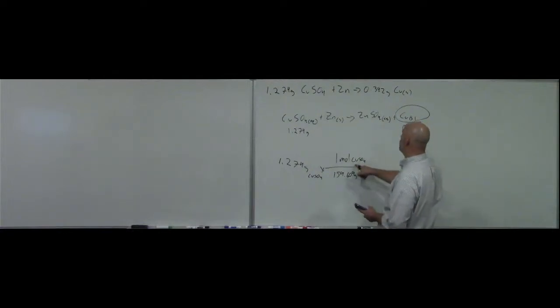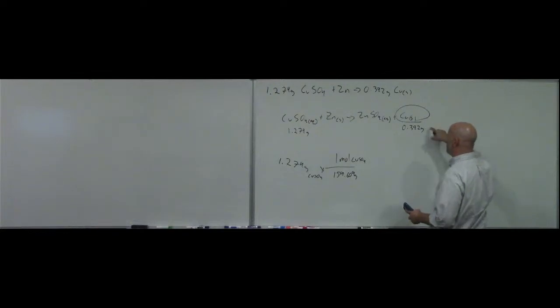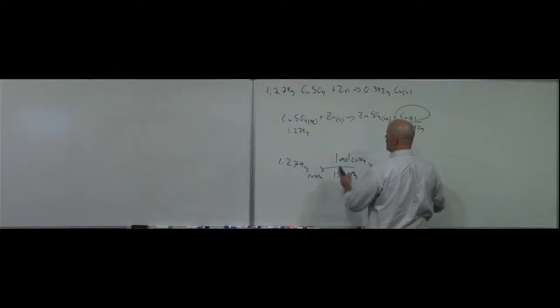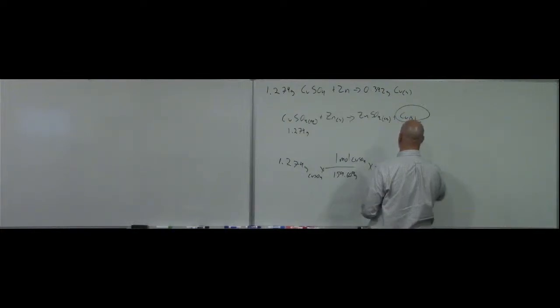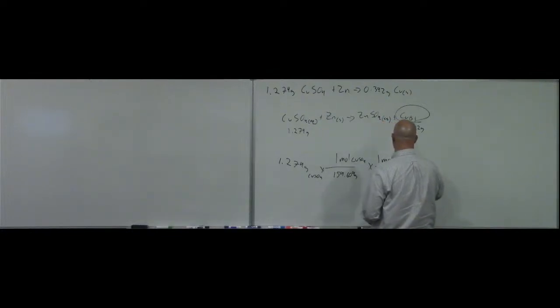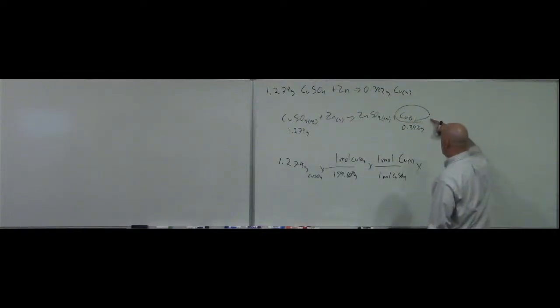Okay? So that's going to get me moles of copper sulfate. I ultimately need to get over here to mass of solid copper. So I'm going to do a mole-mole ratio, right? That's my stoichiometry. I've got 1 mole of CuSO4. It's going to yield 1 mole of copper solid. Now all I need to do is convert to grams and I'll know how much I have, right?